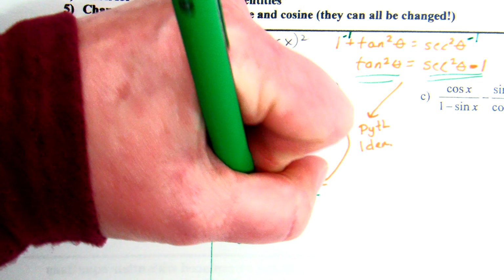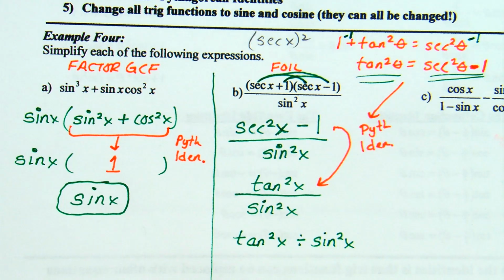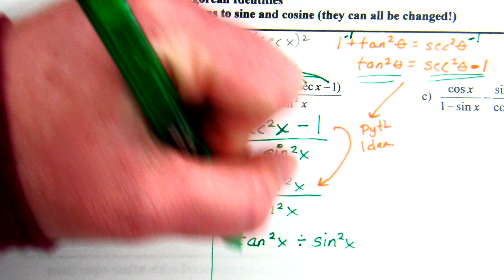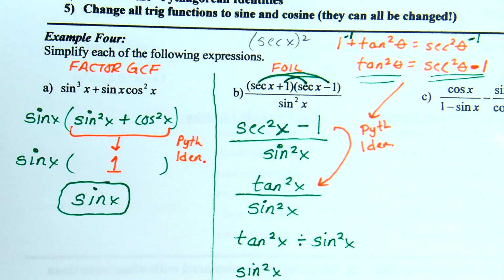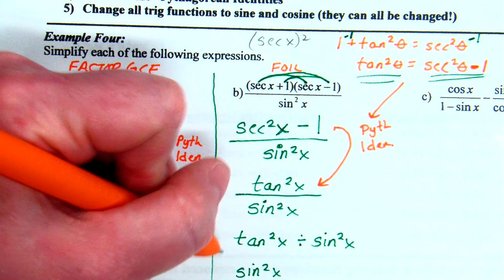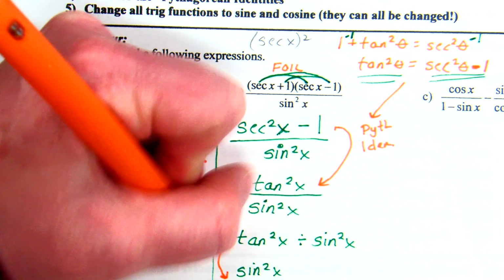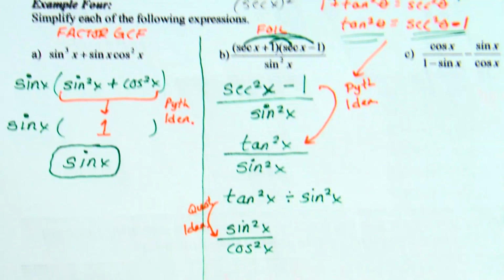So whether you do this now or later, it's tangent squared x divided by sine squared x, right? But what did you guys just talk about with tangent? Tangent squared is going to be sine squared x over cosine squared x. What did I just use to get from there to there? Yes, I can. Assuming I'm going off the screen is what you're telling me.